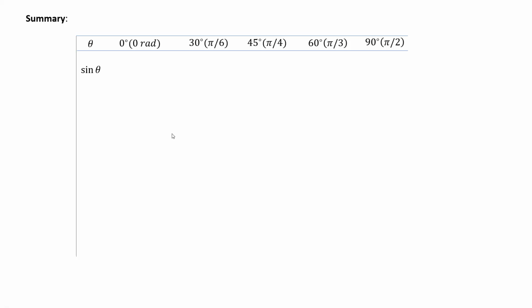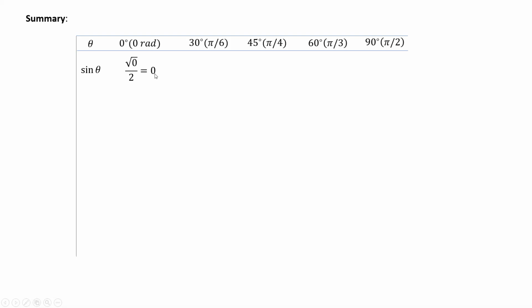Okay, let's look at sine theta. Sine 0 is 0, but on purpose, I'm going to write that as square root of 0 over 2. Let me repeat what I'm saying. Earlier, we found sine 0 is y over r, y was 0, r was 1, and so sine 0 is 0.